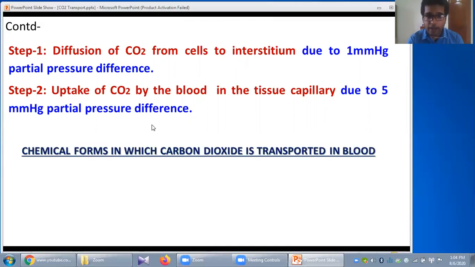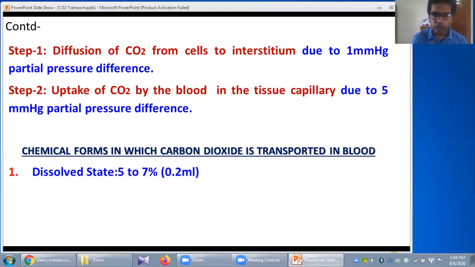And now after entering the blood or plasma, this carbon dioxide will be transformed into different chemical forms, the thing I have already tried hard to make you understand.